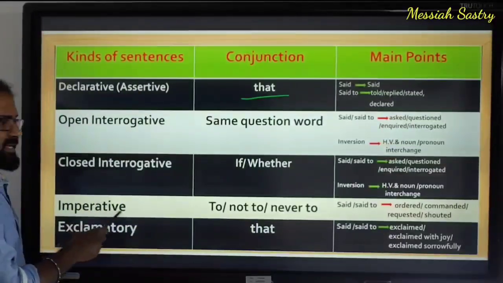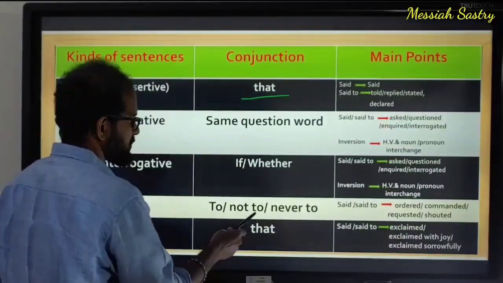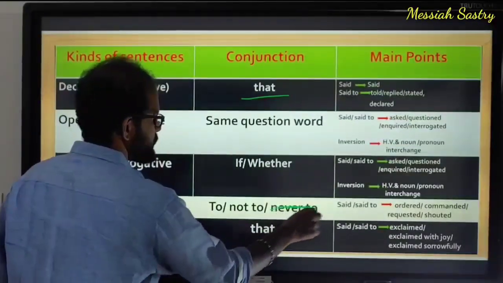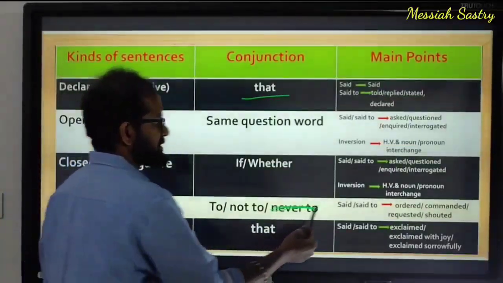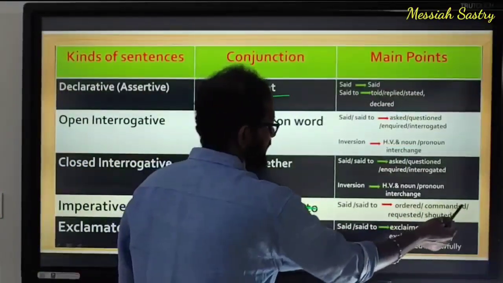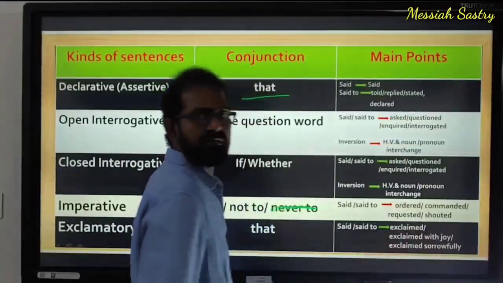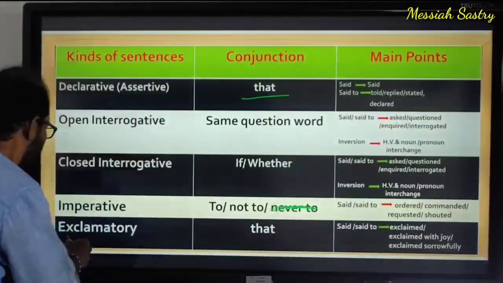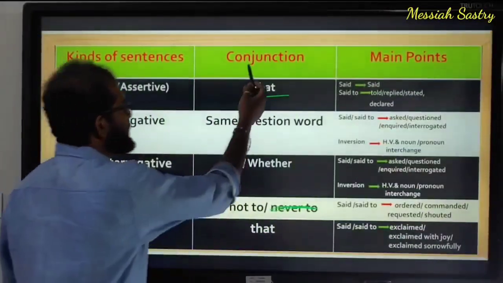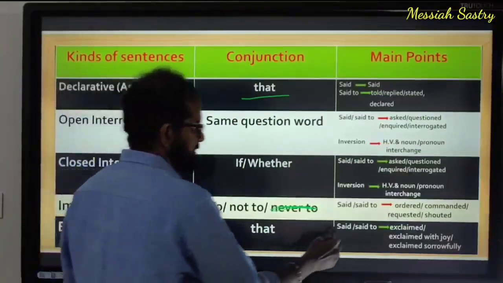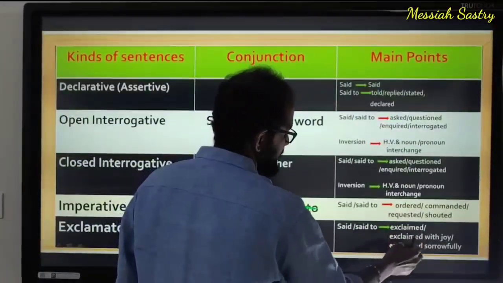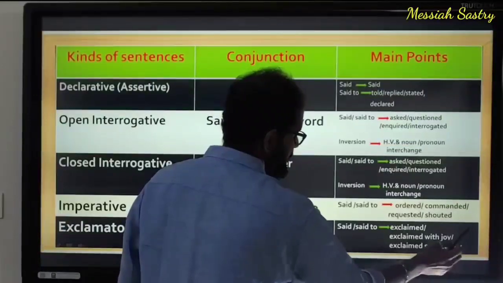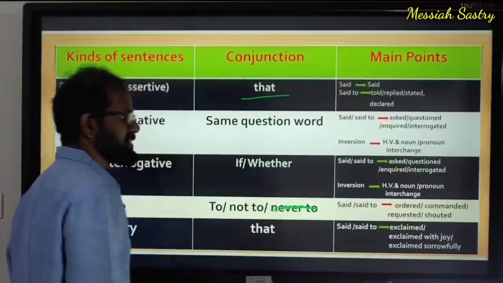When it comes to imperative, we use to or not to. Said or said to changes to ordered, commanded, requested, or shouted. In exclamatory sentences, we use the conjunction that. Said or said to changes to exclaimed, exclaimed with joy, exclaimed sorrowfully, based on the sentence.